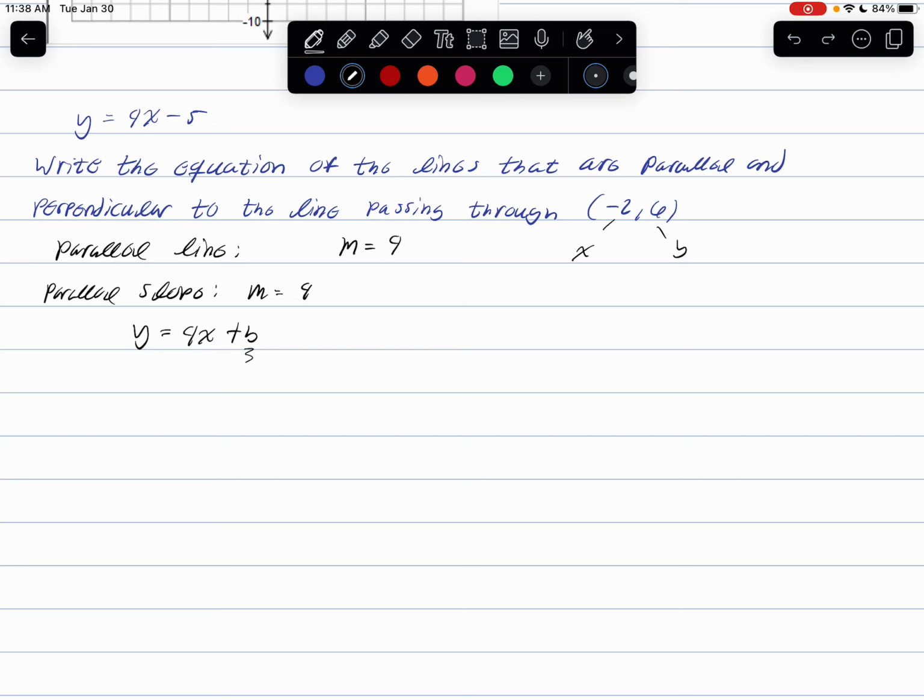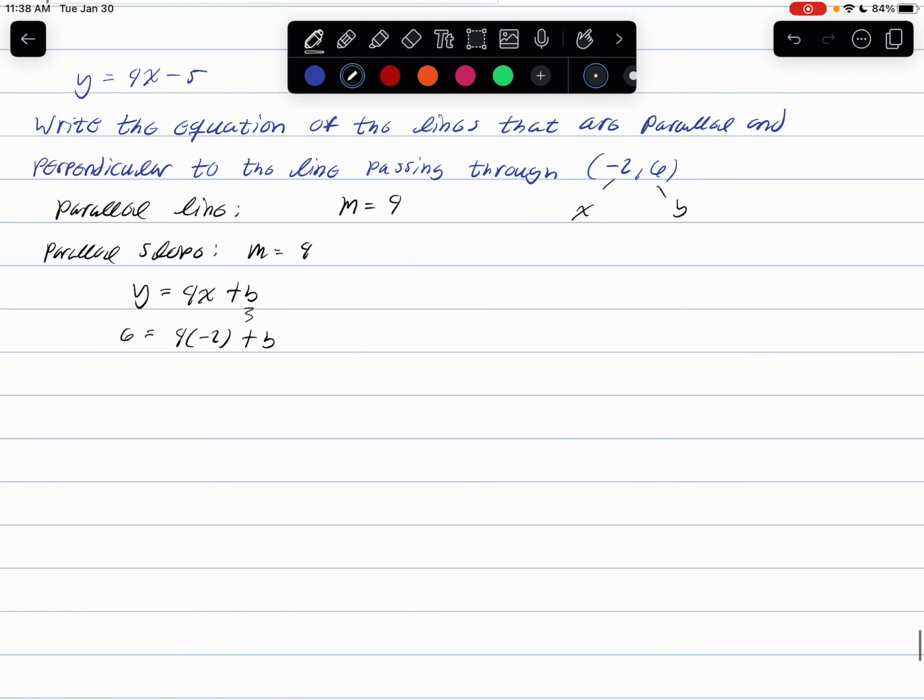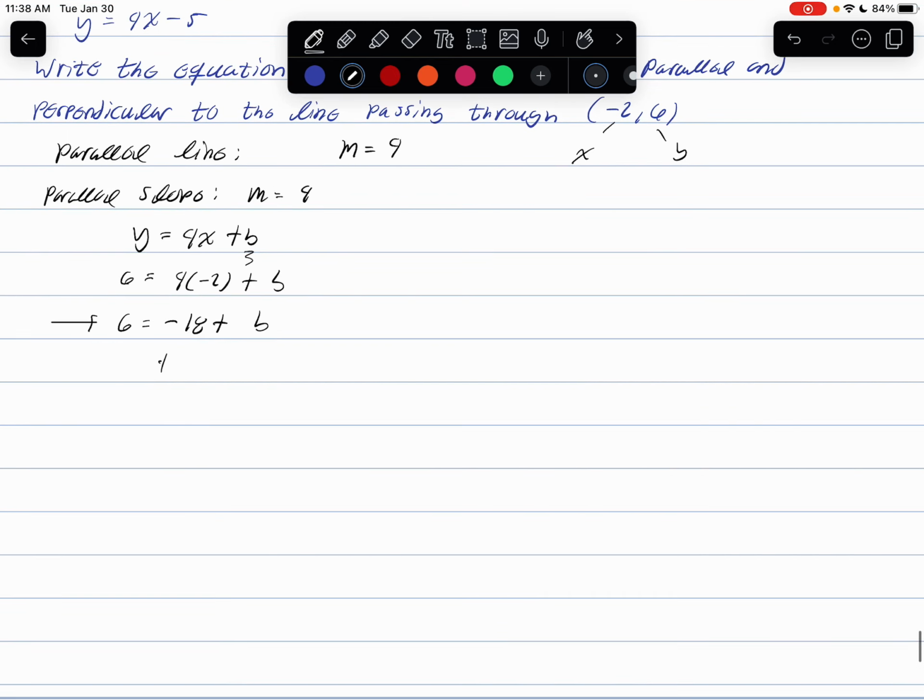So this becomes 6 is equal to 9 times negative 2 plus b. Or we have 6 is equal to negative 18 plus b. So we can add 18 to both sides of the equation, and we're going to get b is equal to 24.